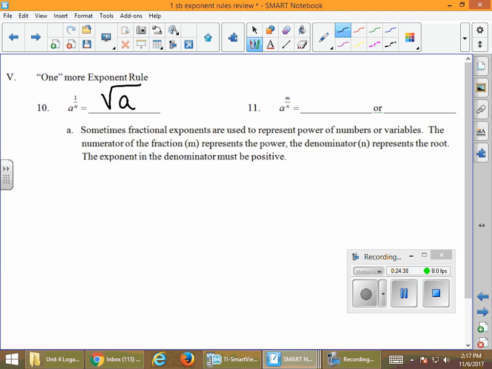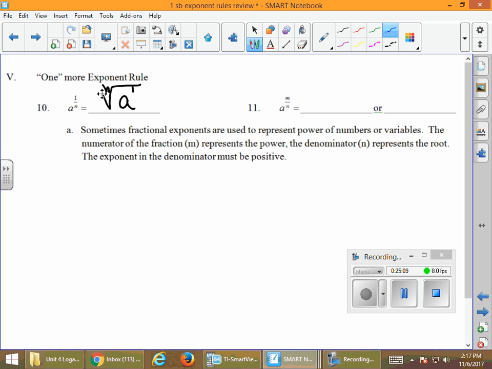A goes underneath the radical. I sometimes do use the word radicand, which is what it's called. The value from the denominator of the fraction goes in the check mark part of that radical. And if you want to get technical, this is a to the first. But a to the first is still a, so we don't really need to write that 1. But I'll try to write it a little bit neater over here.